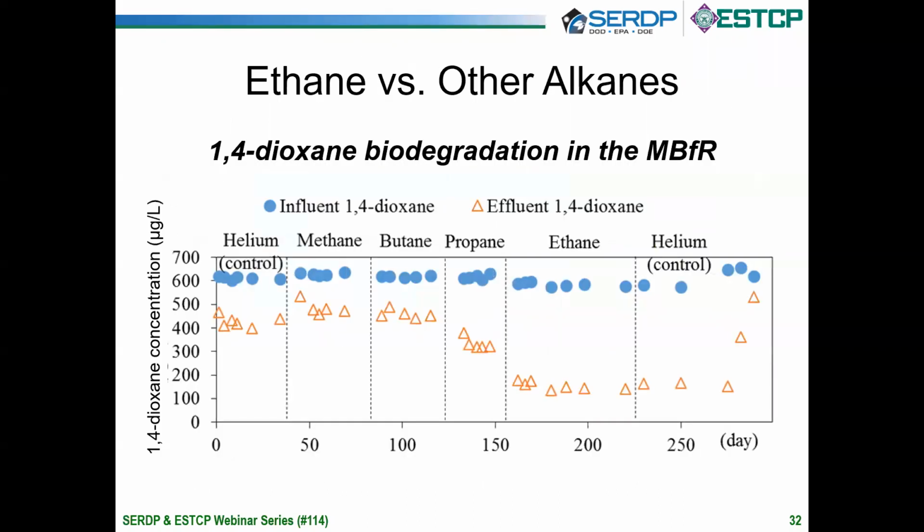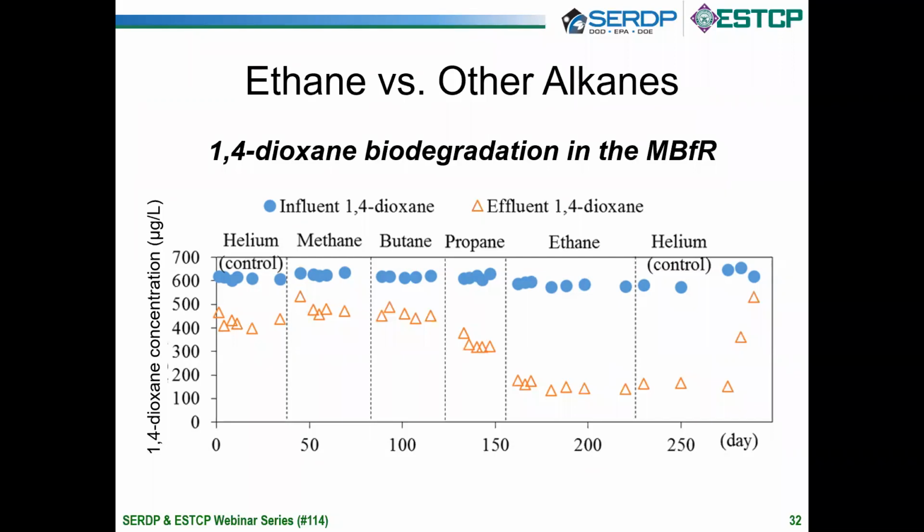Similarly, for the second stage, the oxygen-based MBfR, we wanted to make sure that this ethane was really going to be successful. So we started up an MBfR, and after we got a good biofilm, we exposed it to various potential substrates that would induce monooxygenases that might do the job. We had helium, which is inert, as the control.